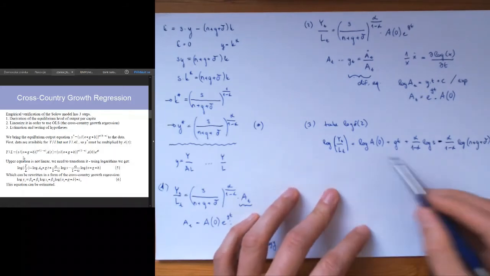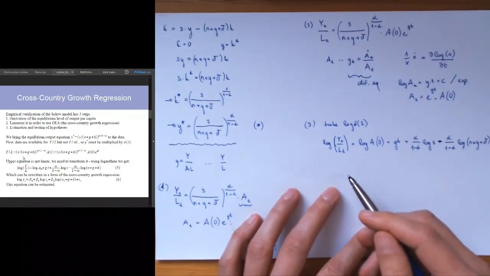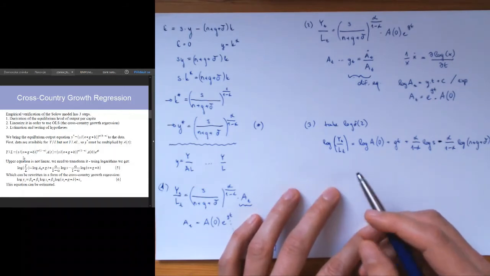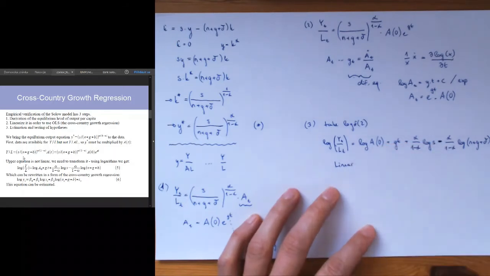And this now looks like an equation which can be estimated because it is a linear functional form.